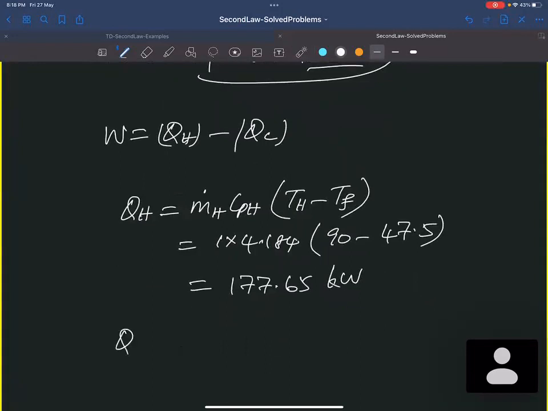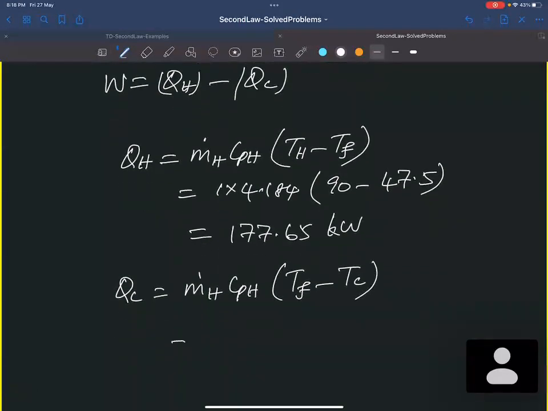Likewise, QC, you can get like m dot and Cp of the cold stream, and this is TF minus TC, because TF minus TC is a positive quantity. Sorry, a small mistake here. This is to be m dot C and Cp of cold stream.